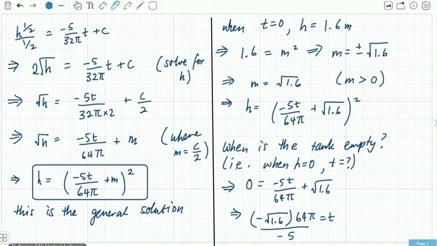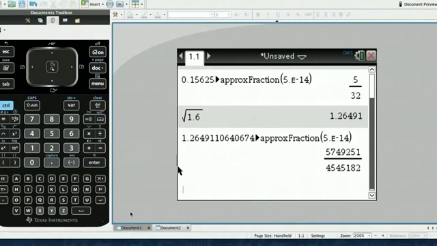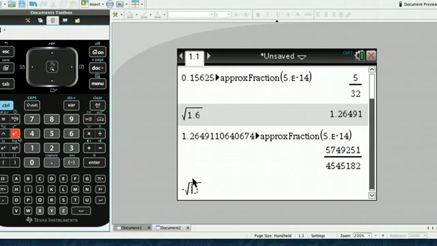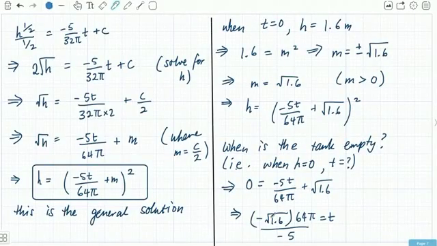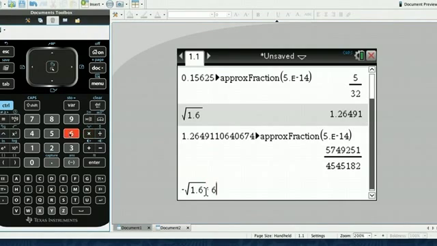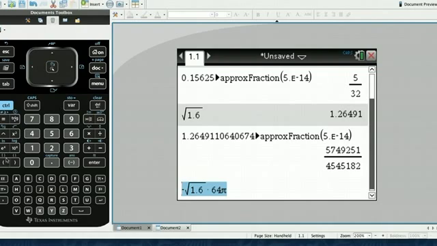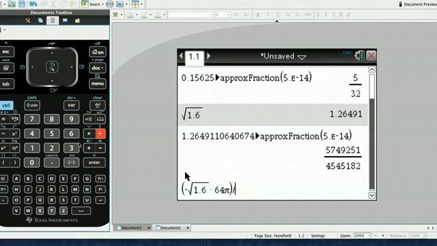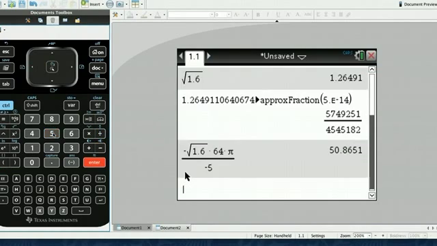So we can substitute it all into our CAS. So negative the square root of 1.6, times 64 pi, all of that on negative 5.